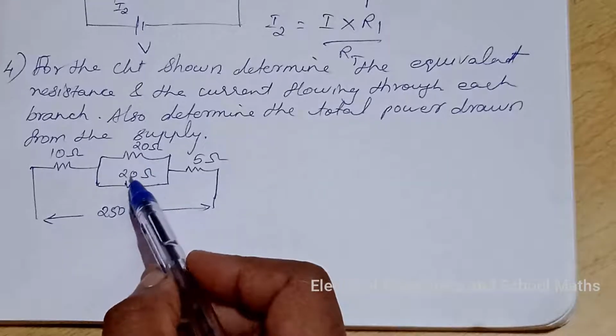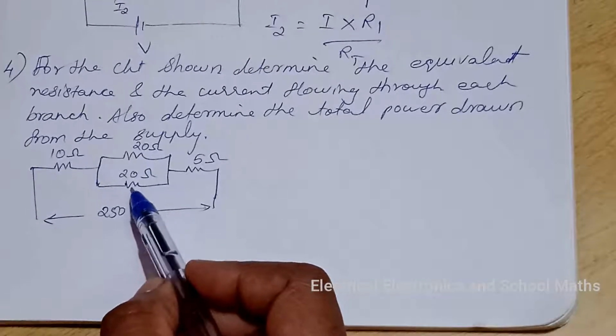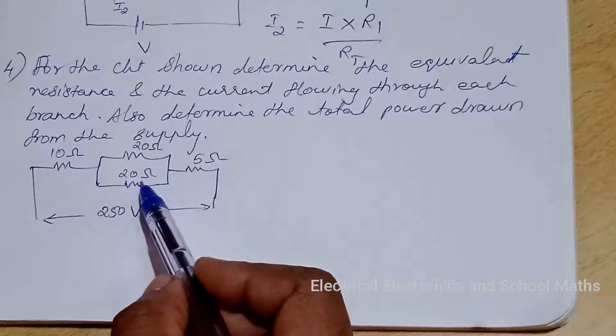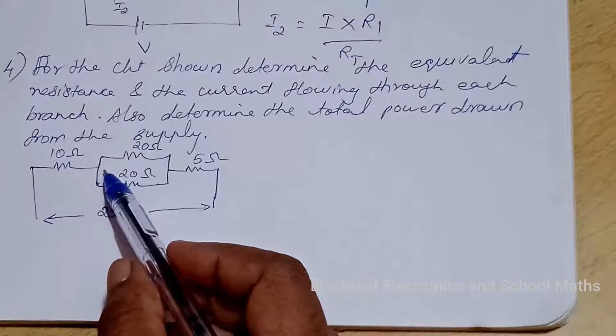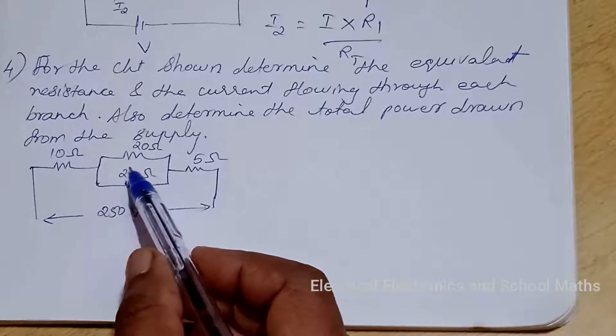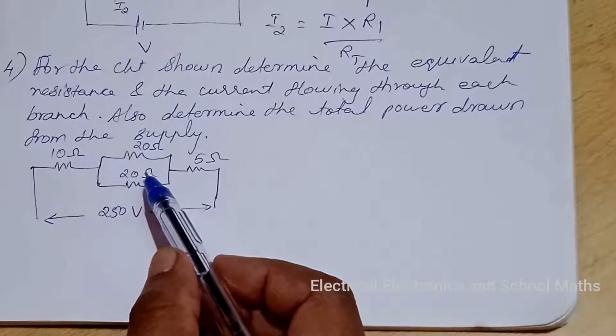When two resistances of the same value are connected in parallel, the effective resistance will be equal to half of the resistance.